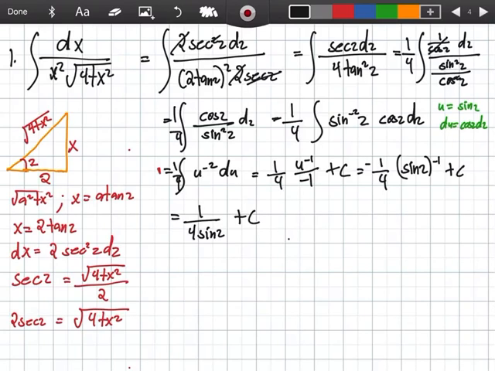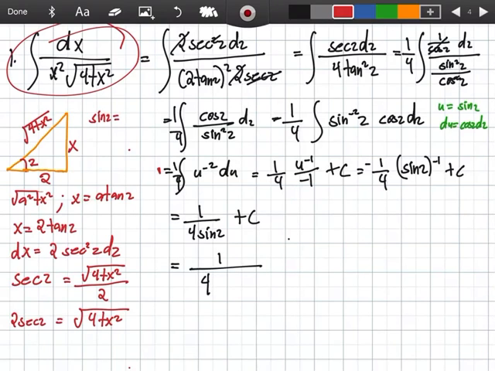So, is the class clear so far? We have to remember that this one is in the form of the variable z, so we are going to transform it back to the variable x. So, 1/4. What is sine z? Sine z is equal to opposite over hypotenuse.